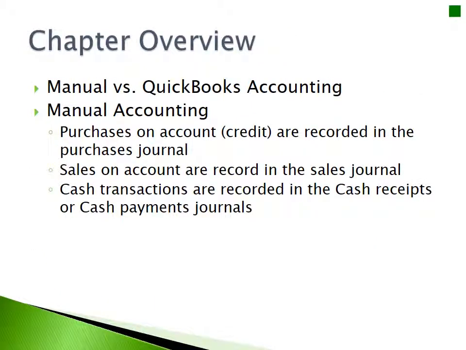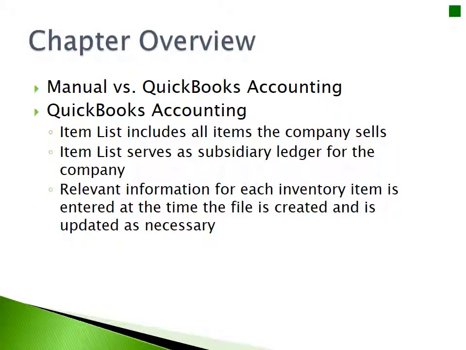In manual accounting, we learn that purchases on account or credit are recorded in the purchases journal, and sales on account are recorded in the sales journal. Cash transactions are recorded in the cash receipts or cash payments journals. In QuickBooks, the item list serves as an inventory subsidiary ledger for the company.